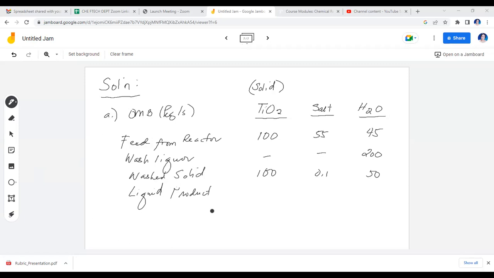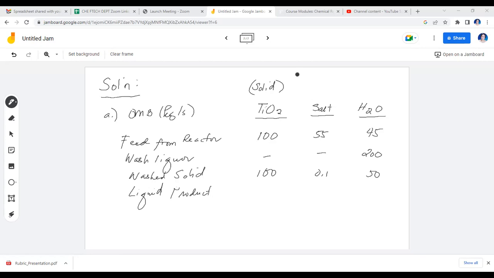Now we go to the liquid product. What is this liquid product referring to? What's the other phrase that you can use for the liquid product? It's just written here as liquid product, short for writing. You may write on the chat box.